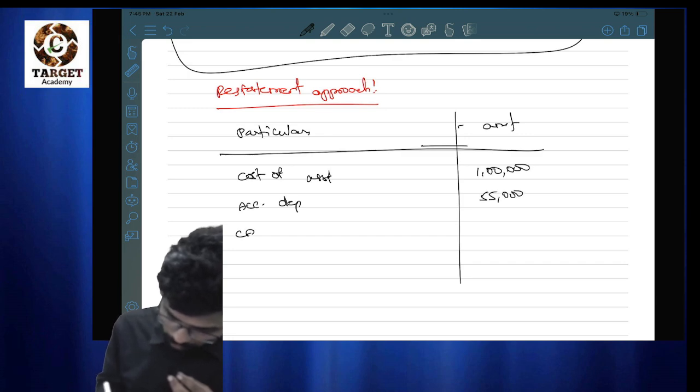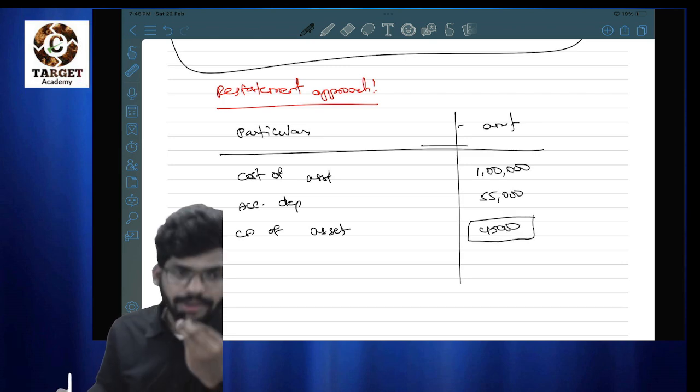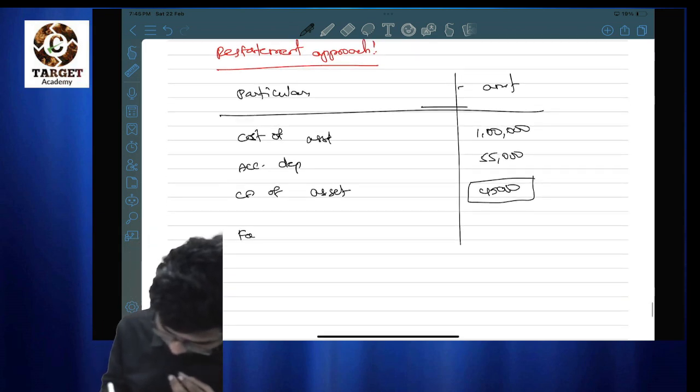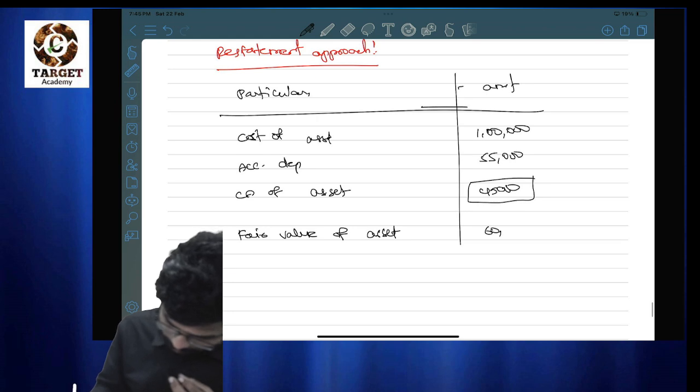What is the carrying amount of the asset? 45,000. Next, the revalued amount, how much? Fair value of the asset: 65,000.